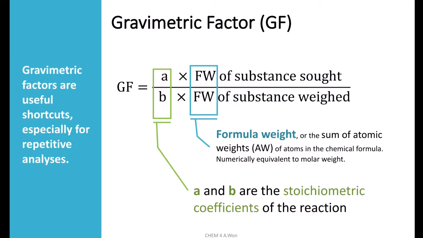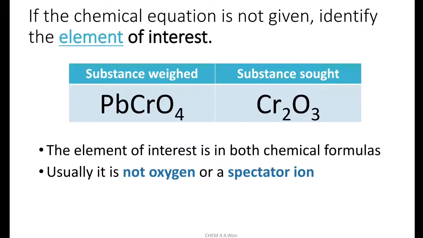If you multiply this gravimetric factor to the mass of the substance weighed, the result is the mass of the sought substance. So, in short, you don't have to go through the grid if you use the gravimetric factor. Sometimes, you don't need to know the whole chemical equation to get the gravimetric factor. You just have to know the substance you're analyzing and the substance you are weighing.